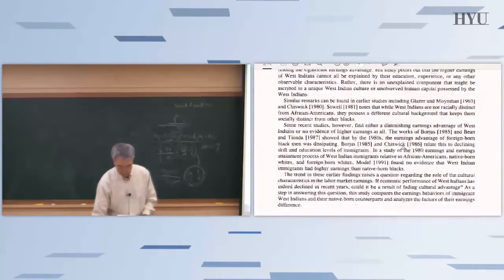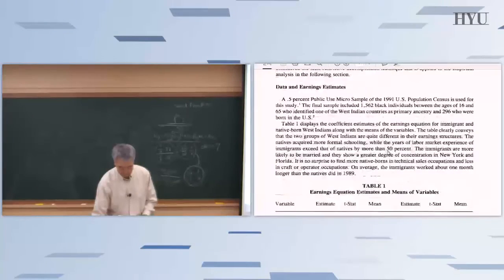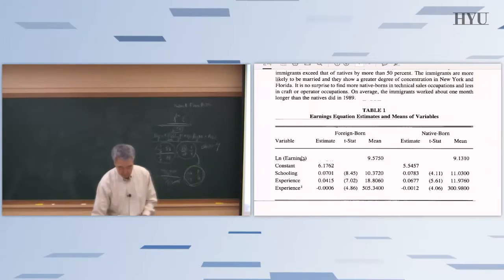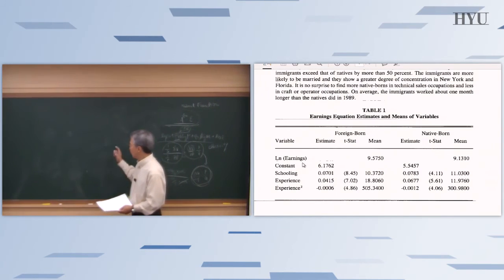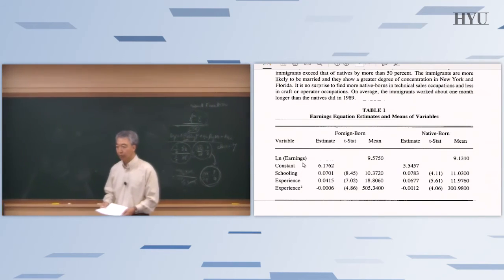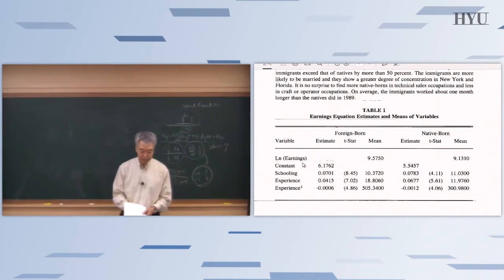But here, if you look at the earnings equation, the dependent variable is log of earnings. ln is natural log, instead of 10-based log, but it doesn't really matter. You will find that whether you use natural log or 10-based log, they work exactly the same way.